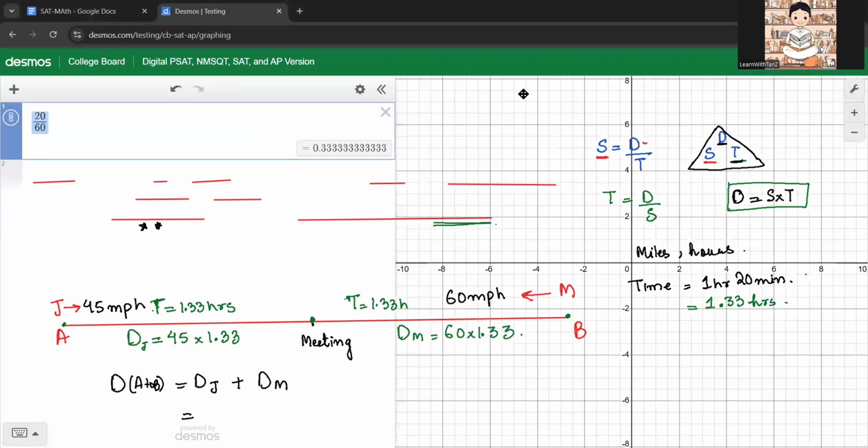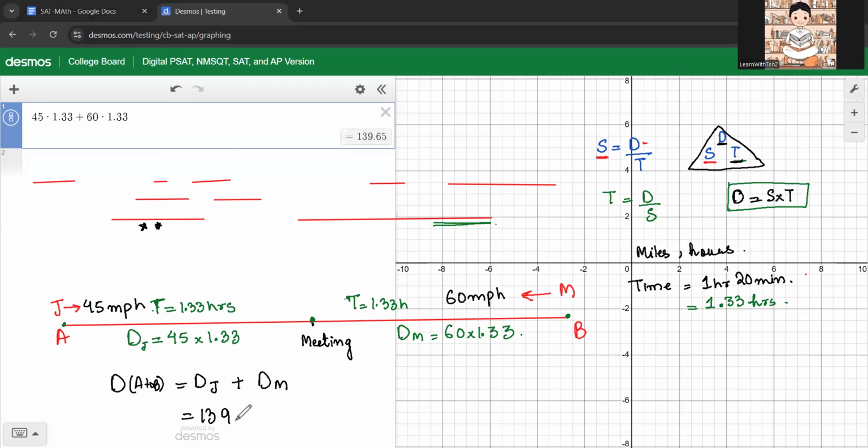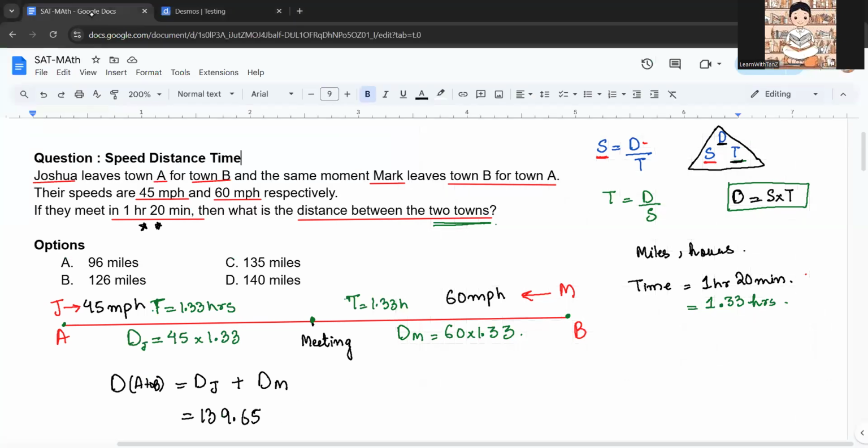I will do my calculation. 45 times 1.33 plus 60 times 1.33. It gives me 139.65. Let me write that here. 139.65. And what will be the unit? The unit will be miles because I was working with miles only.